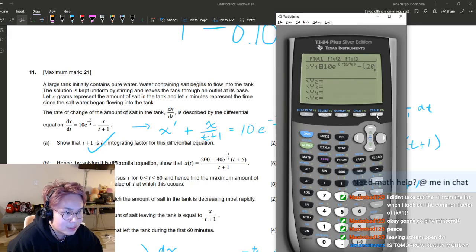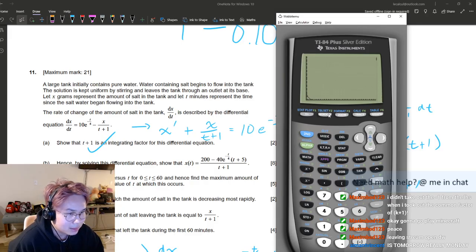Alright, and then let's see what this looks like. Can't see anything. So let's change the maximum to 0 and change the minimum to negative 100 just to be safe.